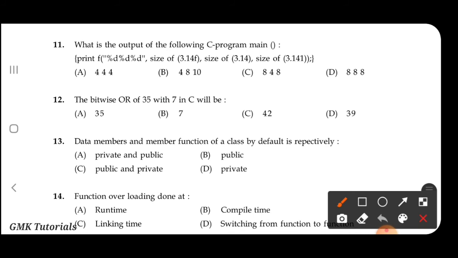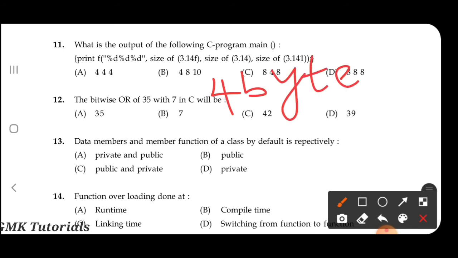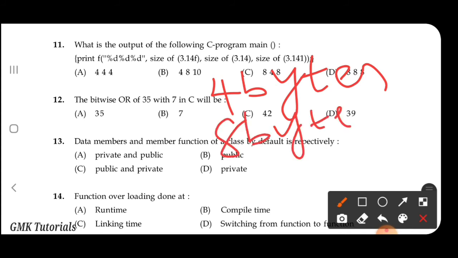So 3.14f takes 4 bytes, and 3.14 and 3.141 are decimal numbers without f, so they are considered double. So here 8 bytes each will be occupied.